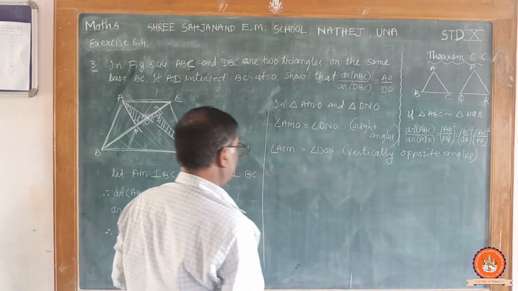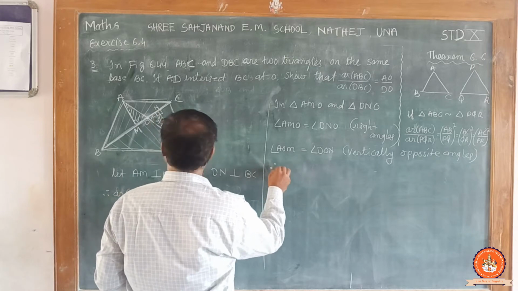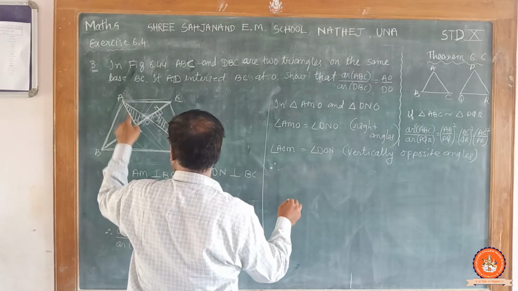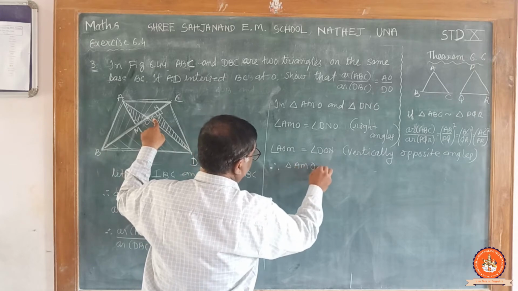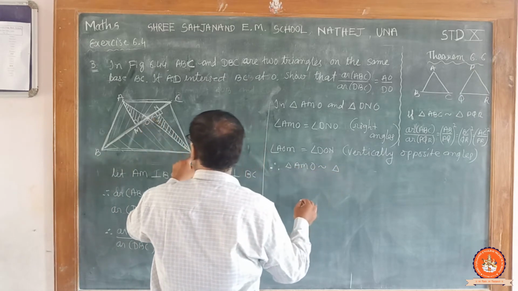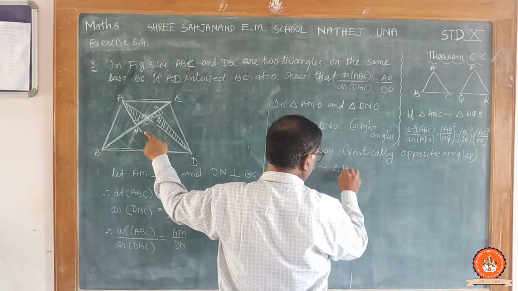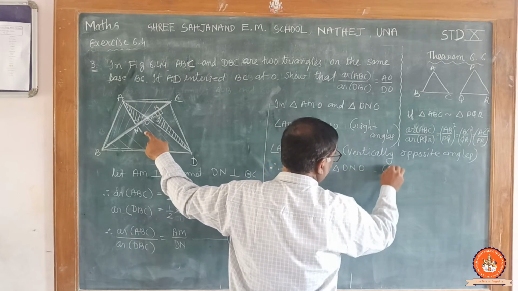And therefore triangle AMO is similar to triangle DNO using angle criteria.